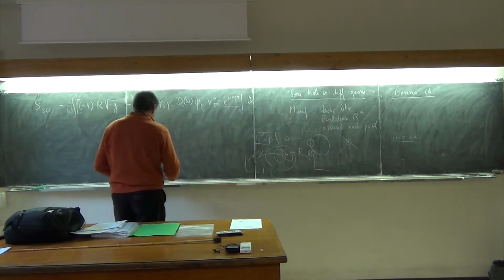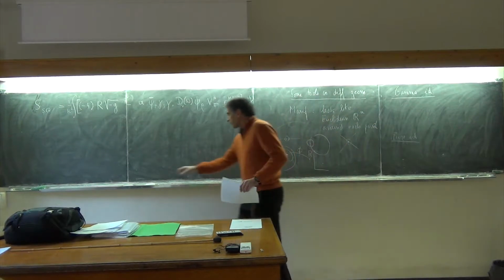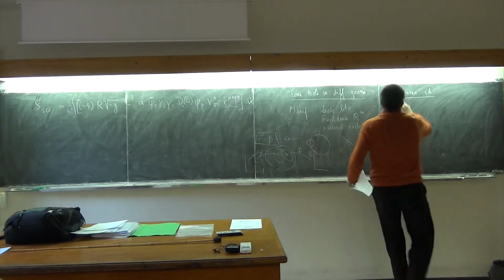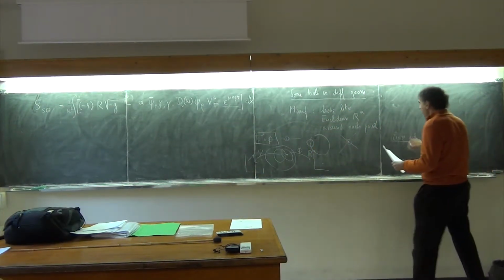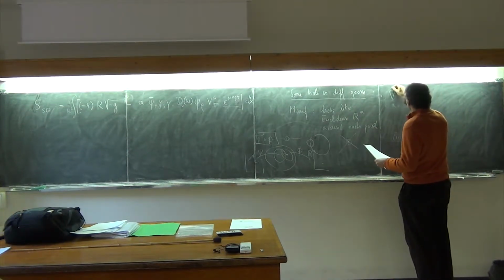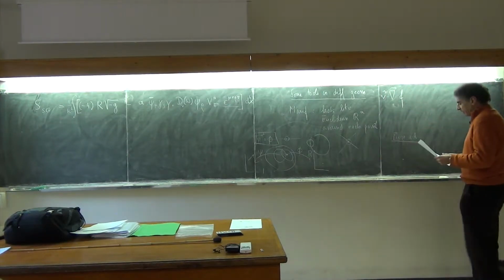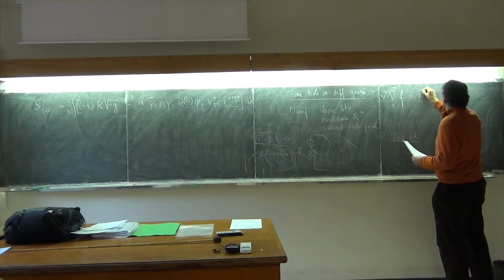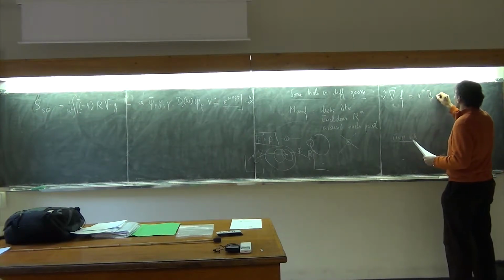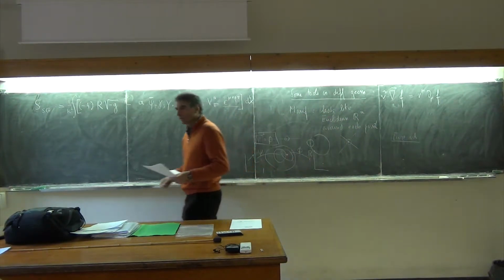This can be generalized. As you know, the directional derivative you can write as a gradient along some vector of a function. This is what in components you write like this, and this is the directional derivative in a Euclidean space along the vector V.